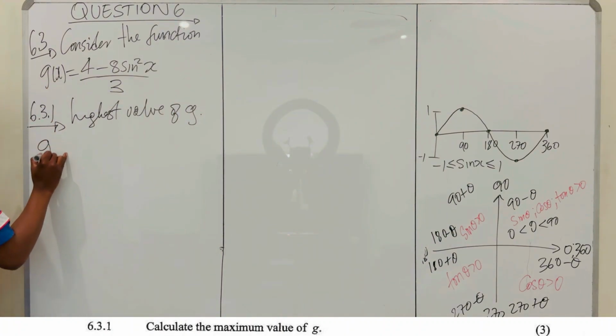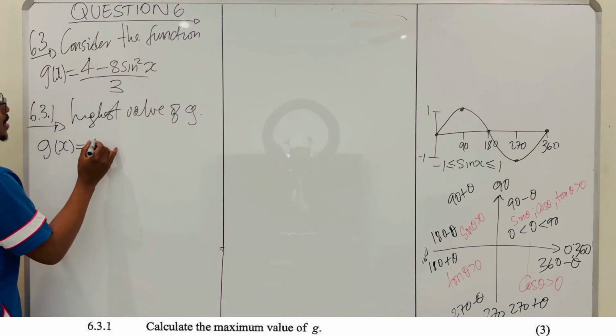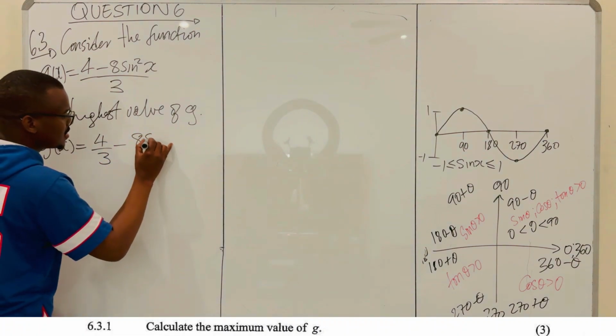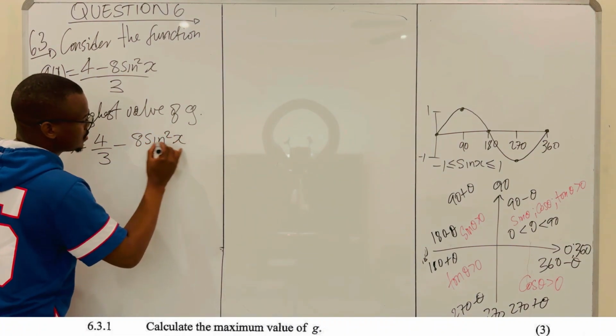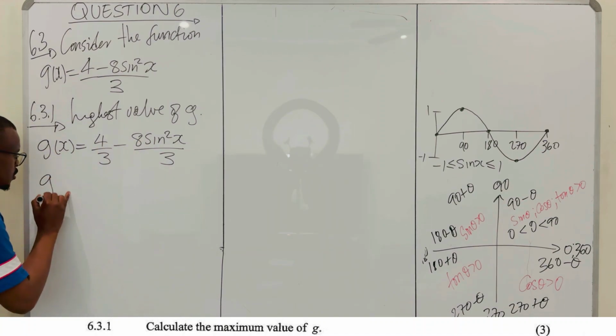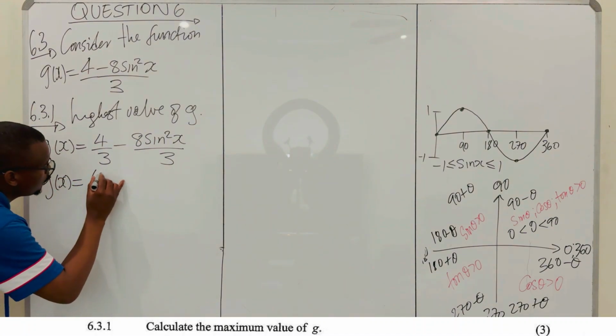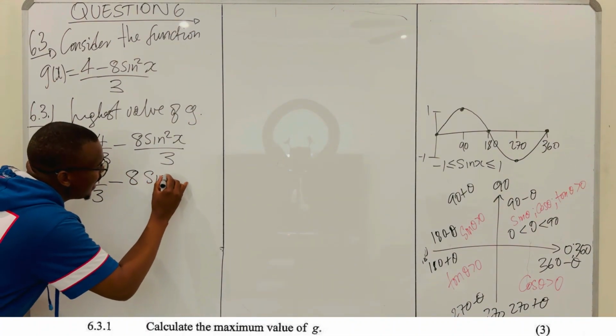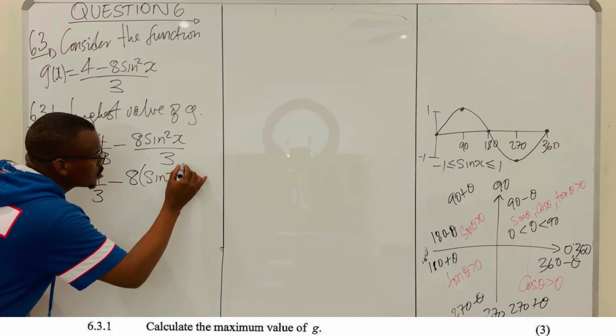So what is g? g of x is equal to 4 over 3 minus 8 sine squared x all over 3. That's what you have. So g of x is equal to 4 over 3 minus 8 times sine x, all squared, all over 3.